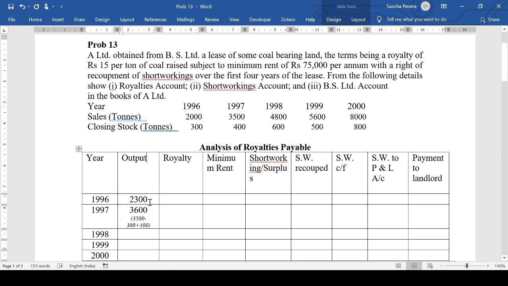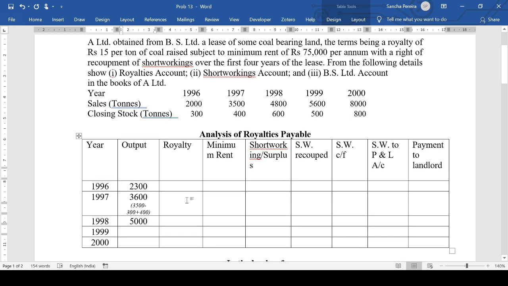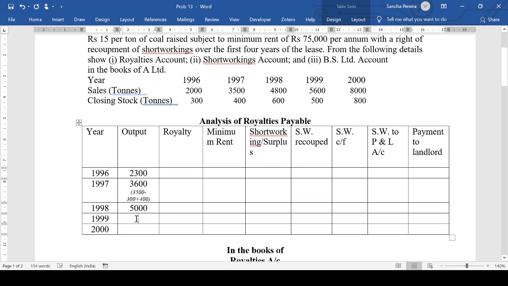What are we going to do in the next year? Next year, how much will it be? It's going to be 5,000. How did I get that 5,000? 4,800 minus 400 plus 600. And then in 1999 it will be 5,500, and then we have 8,000.